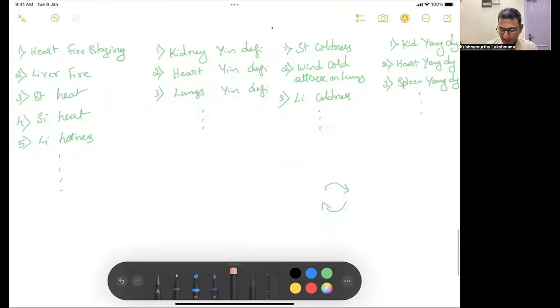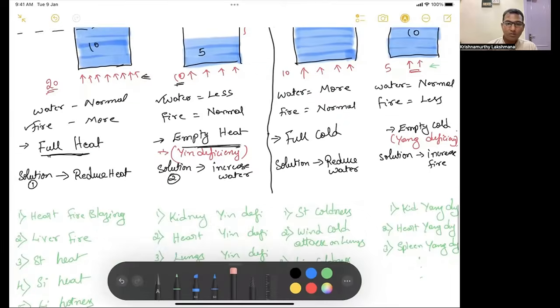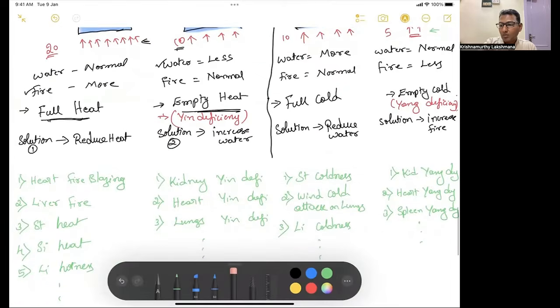Anybody else? Any other question? Sir, there should be a sequence now. First there would always be some qi deficiency, then it will lead to something. Is there any sequence as the disease flows?